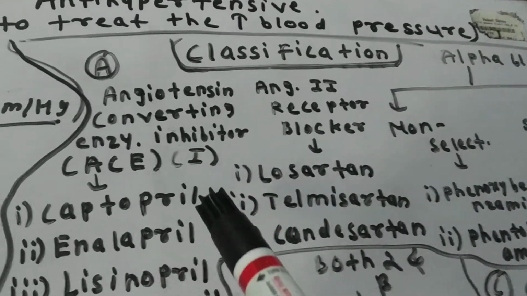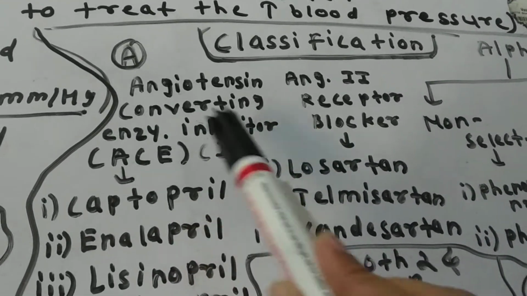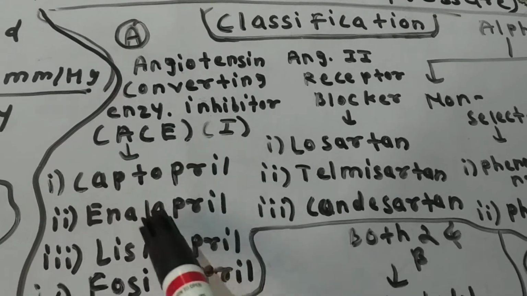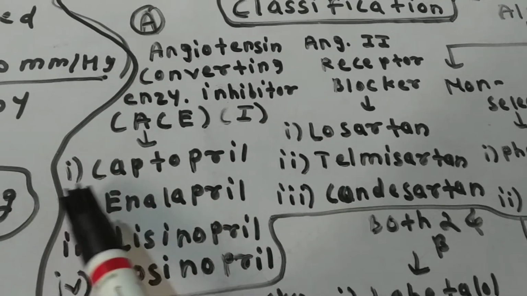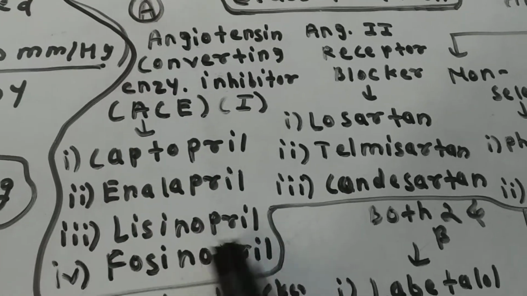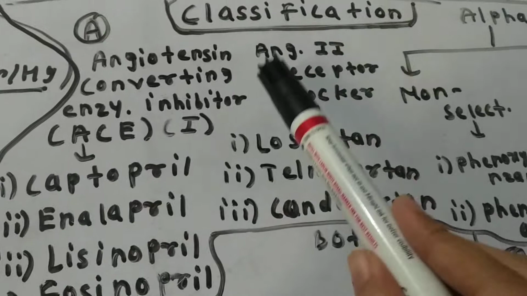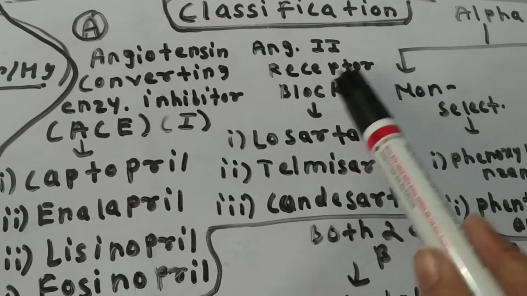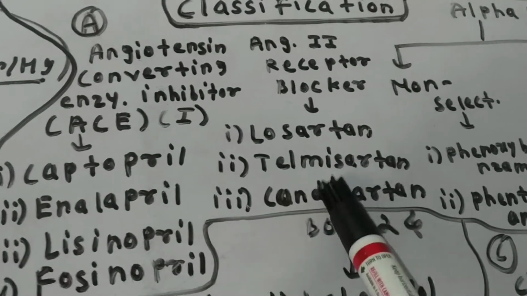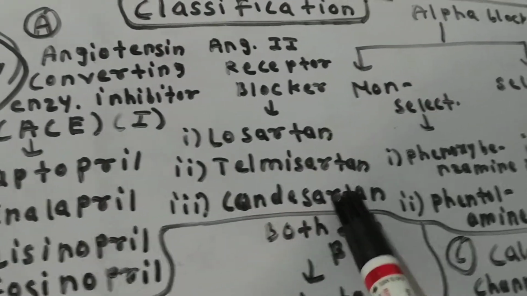The first one, angiotensin converting enzyme inhibitor: examples are captopril, enalapril, lisinopril, fosinopril. Next, angiotensin II receptor blocker: losartan, telmisartan, candesartan.